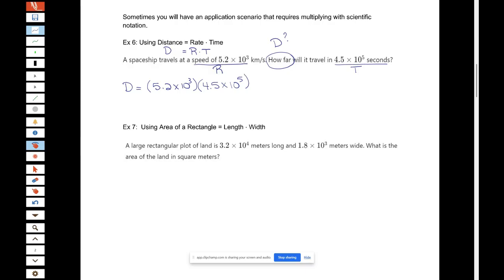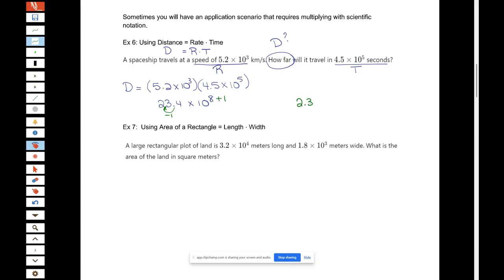So I need to multiply that 5.2 times the 4.5, and I have 23.4 times 10 to the, my exponents of 3 and 5 make an exponent of 8. Then I'm going to correct my scientific notation because 23.4 is bigger than 10. So I'm moving 1 to the left and adding 1.